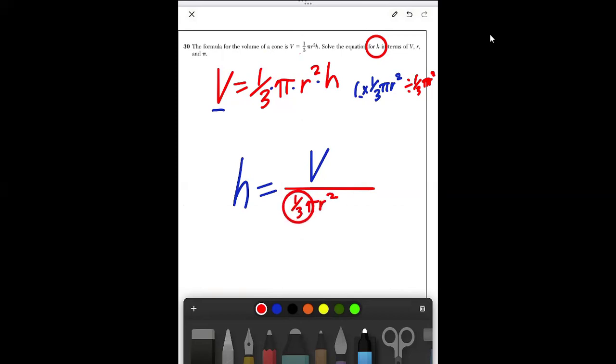Now, when you divide by a fraction, basically you keep, change, flip. So technically it would be h equals 3 times V over pi r squared. But you can leave it like this. This is acceptable.